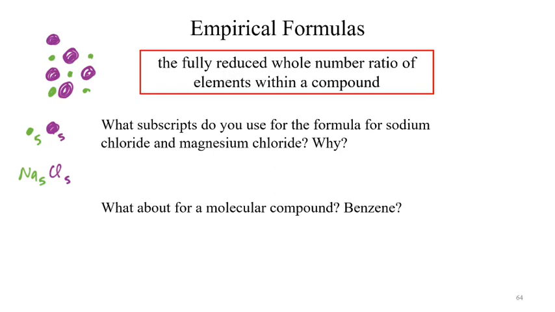The problem with that kind of notation is that what happens if I add, say, another sodium and another chloride? Well, now it becomes more complicated and we get more and more pieces stacking into this. So what we decided is that for our ionic compounds we're always going to represent that smallest whole number ratio.